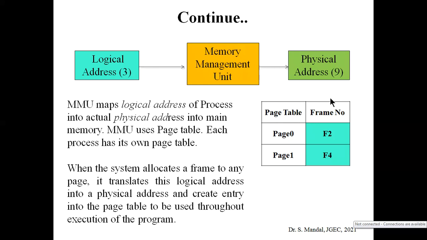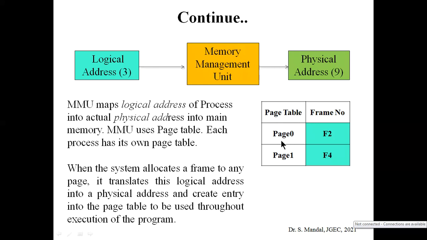For that purpose we need a memory management unit, the MMU. The memory management unit helps convert a logical address into the physical address of the main memory. For that purpose the memory management unit uses a page table. So what is the page table? In the page table, in the column we put the frame number, and in the row we put the page number.